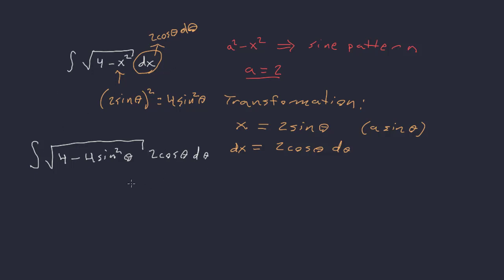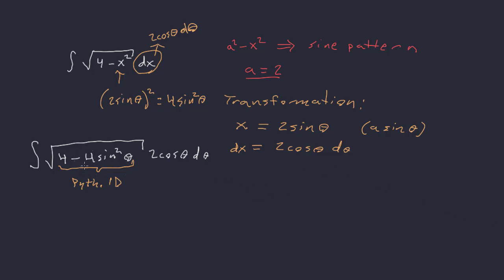Now you might think, well, haven't we just made the problem worse? And actually, we haven't, because now we can simplify this right here, this 4 minus 4 sine squared, with a Pythagorean identity. We're going to use the Pythagorean identity a whole lot. So let's check out the Pythagorean identity.